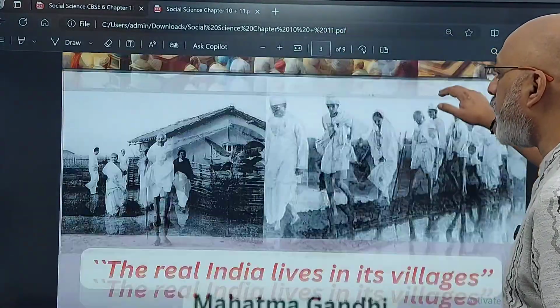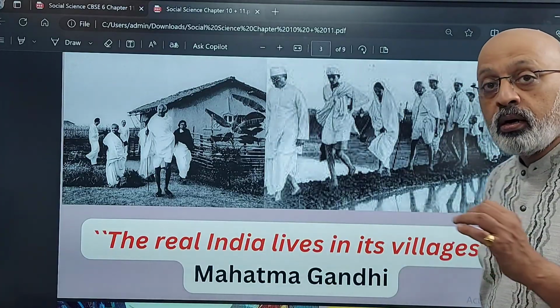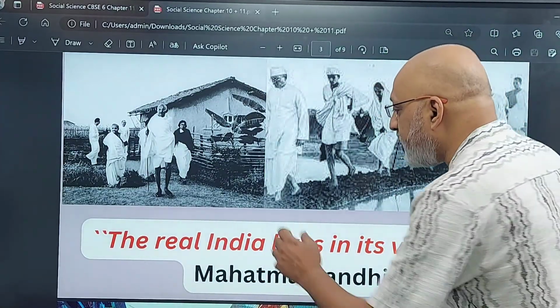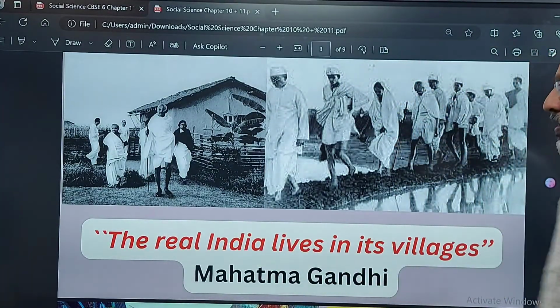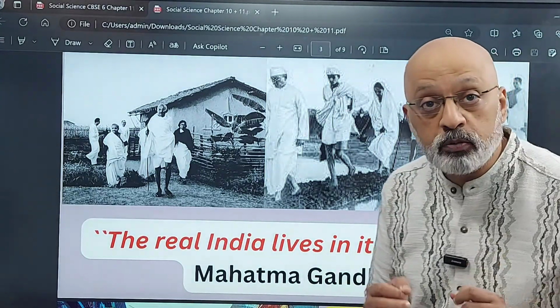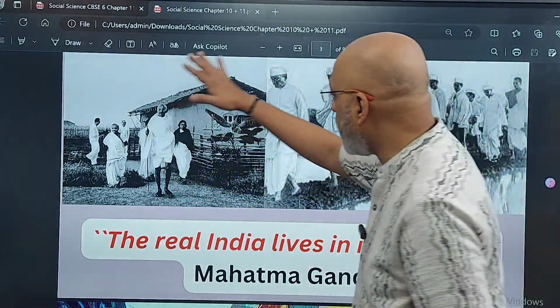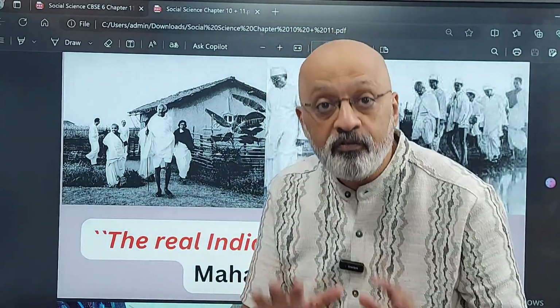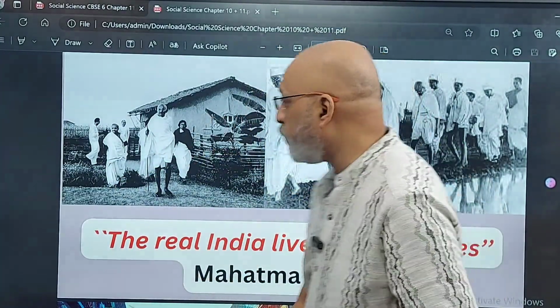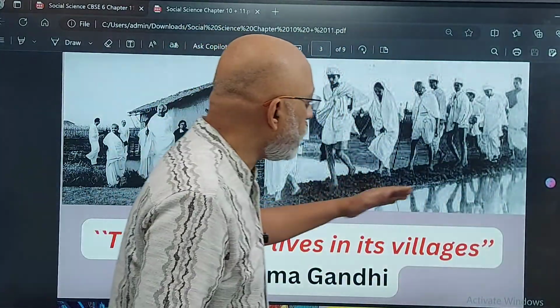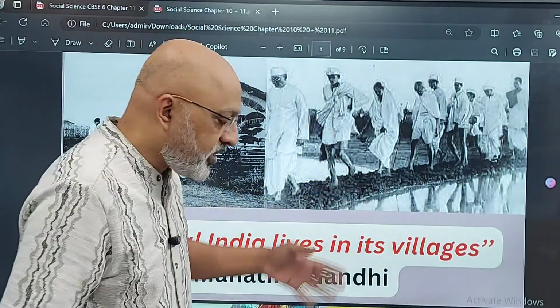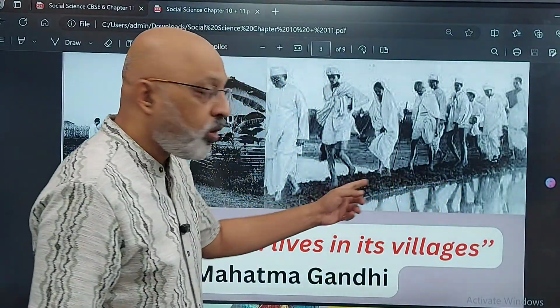Let's go. Now, what did Mahatma Gandhi say about villages? He said the real India lives in its villages. This was said by Mahatma Gandhi. And you can see Mahatma Gandhi's photographs inside a village. This is one photograph. This is another photograph where you can see him walking on that narrow strip of land on a field.